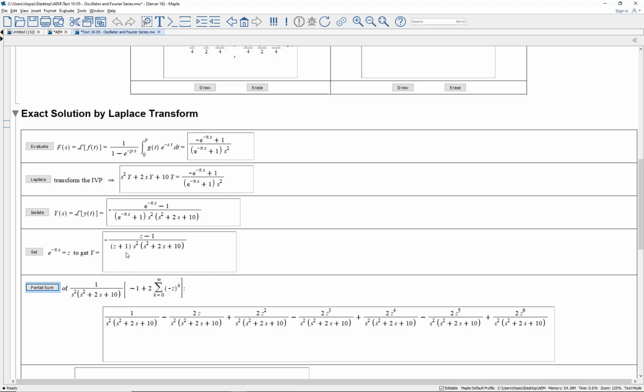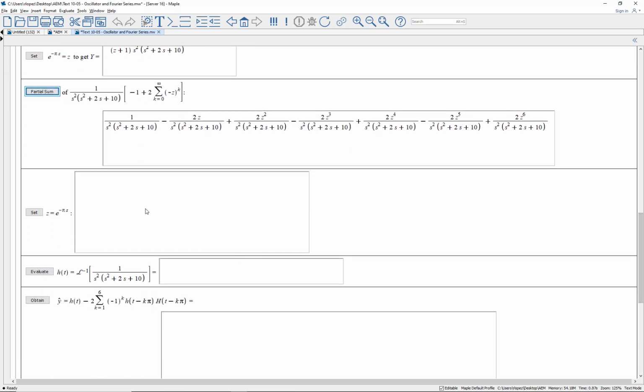The factors here, 1 over s squared plus 2s plus 10, that's out here. This is the series expansion of what's essentially z minus 1 over z plus 1. Well, I'm taking a partial sum. My partial sum goes out to z to the 6th.